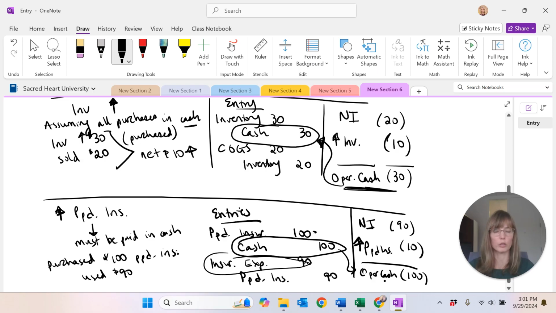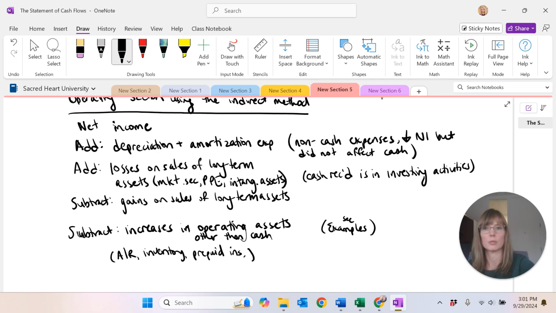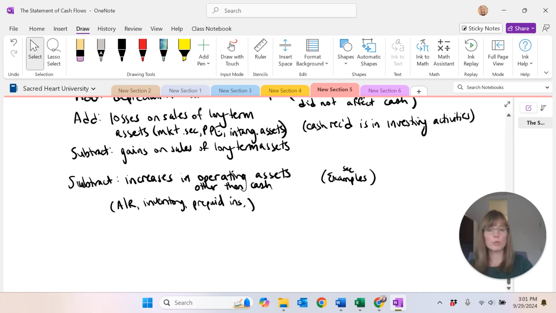If we subtract an increase in operating assets, then we have to do the opposite if we have a decrease in operating assets. So we're going to add decreases in those same operating assets. Let's take a look just very briefly at one example.